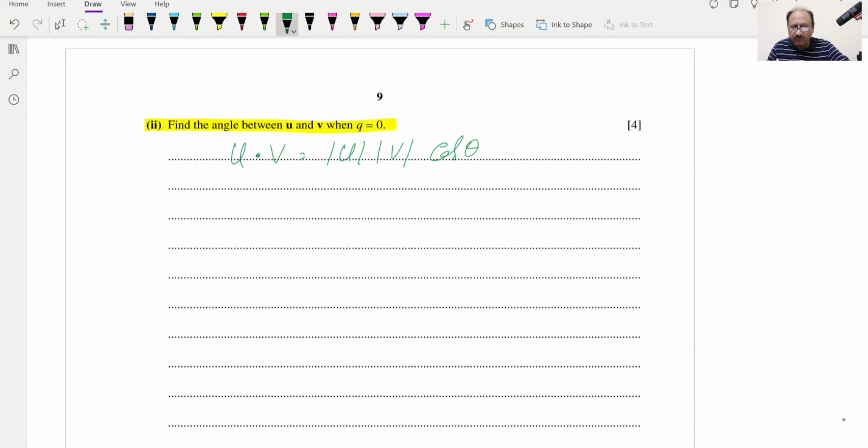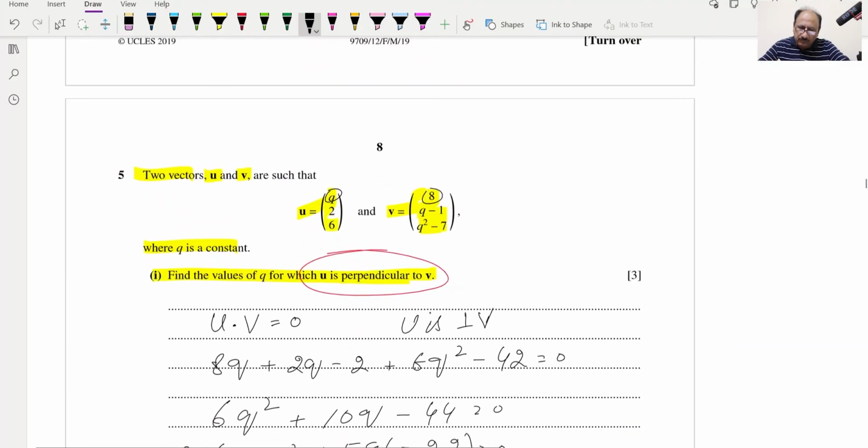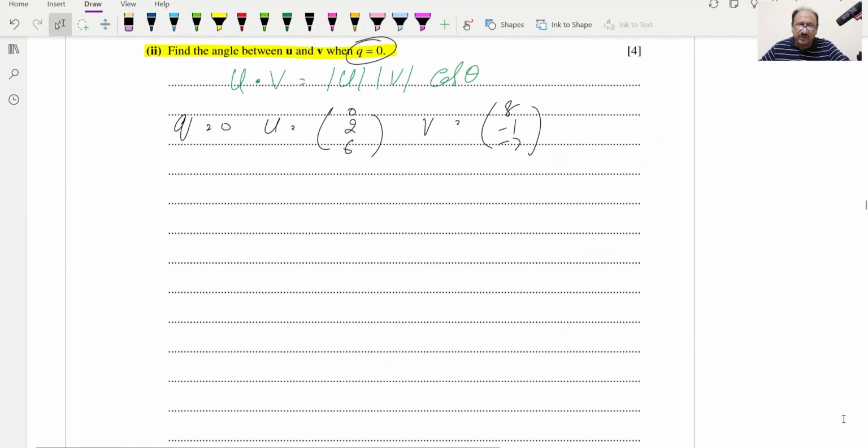This is the formula which we will be using, and they are telling us q is equal to 0. U we already have as 0, 2 and 6, and v we have 8, minus 1 and minus 7, replacing q with 0 in this one.